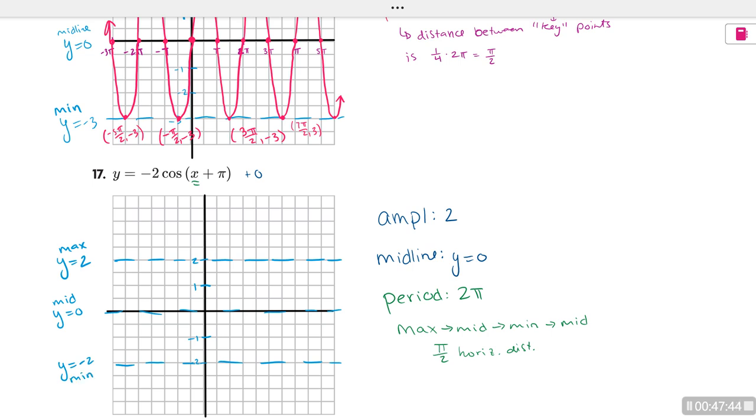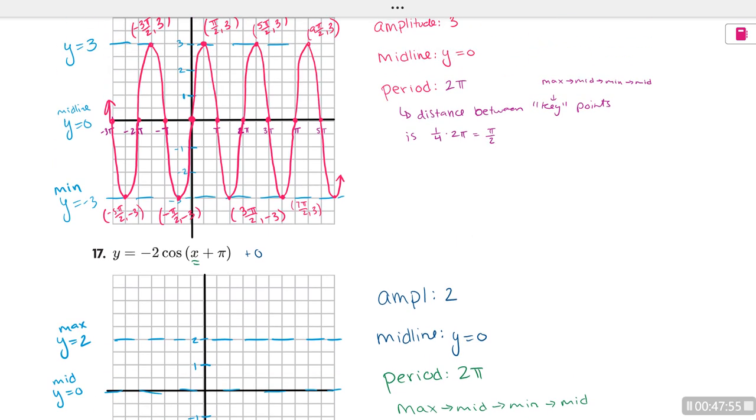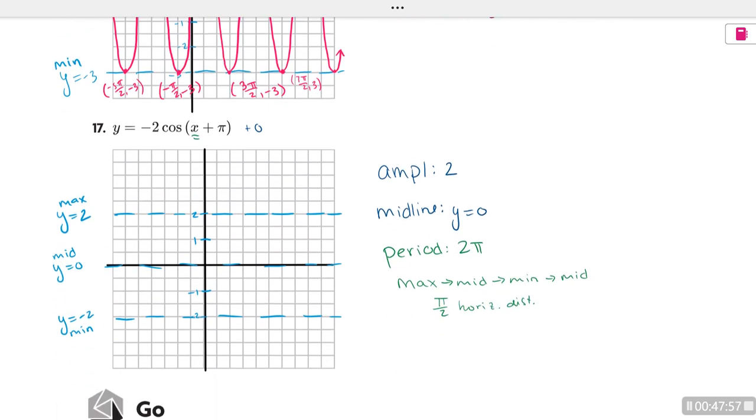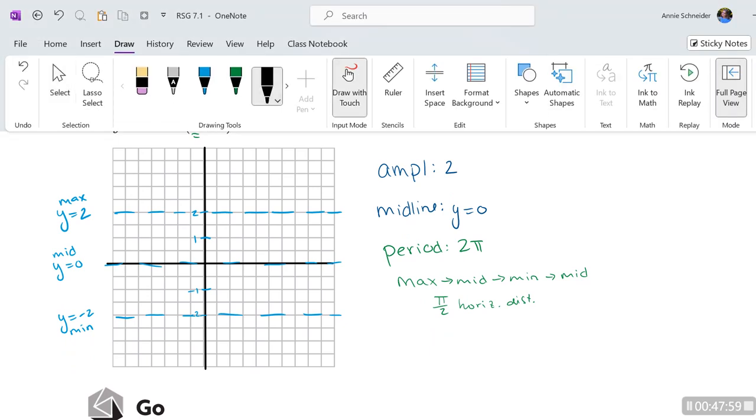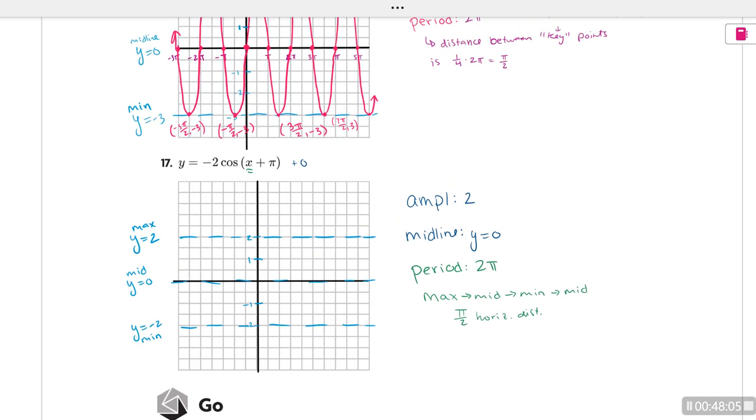Again, you don't have to spread yours out so much. I just like to do that so that when I label my points, I have a little bit more room to label. Now we fit tons of periods in that graph above. So let's count by a little bit bigger intervals this time.